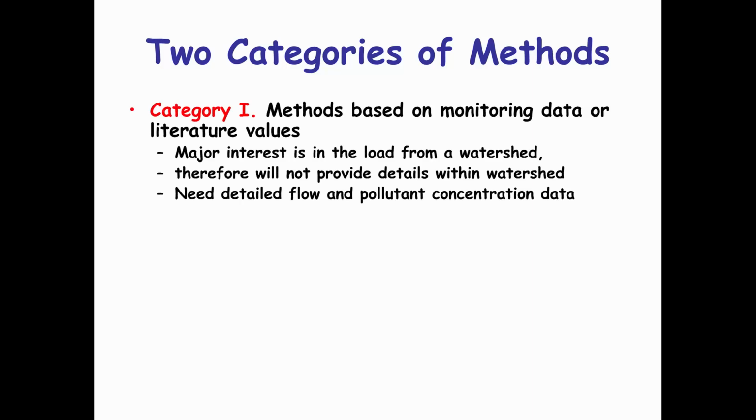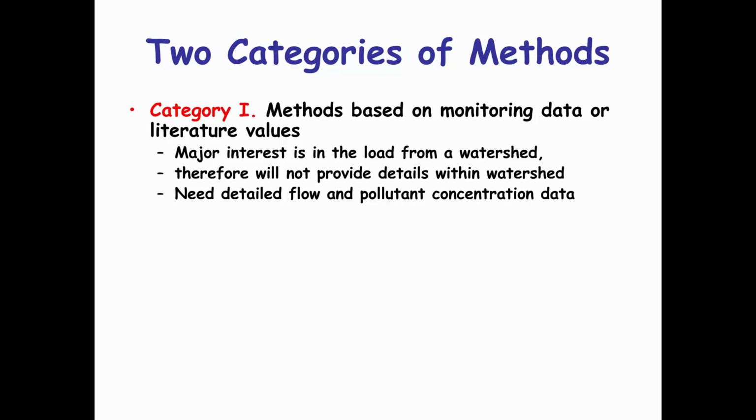So the two categories are category one, which is methods that are based on monitoring data or literature values. So these are data-driven methods, or they are methods that depend on some published guidelines that allow one to calculate the effect of a particular land use on downstream loading.